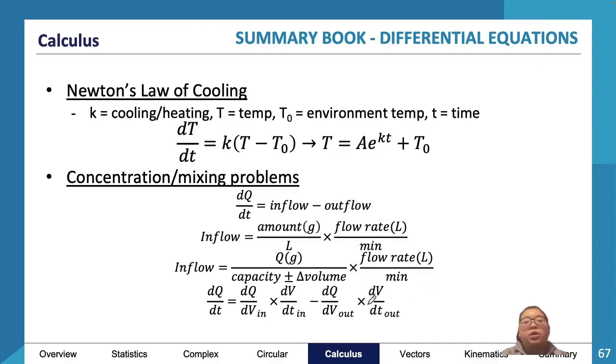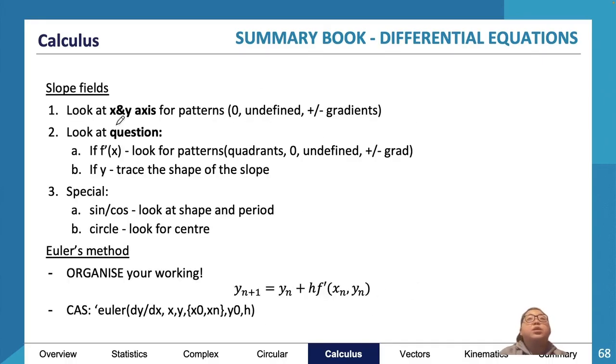For differential equations and slope fields, look at patterns and where things are going, and look at shapes and what the graphs are going to look like. For Euler's method, make sure to organize your working out, and you can put this into your calculator to calculate what you need.